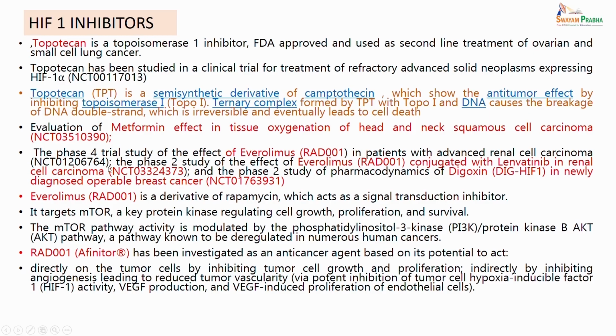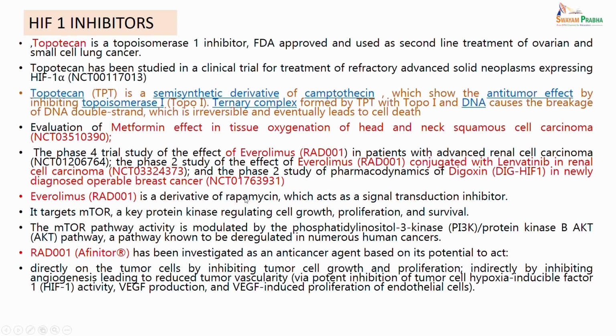So this is the clinical trial, and there has been a phase 2 study for the effect of everolimus, which is combined with lenvatinib. So both together, everolimus as well as lenvatinib together in renal cell carcinoma, and there have also been phase 2 studies looking at the pharmacodynamics of digoxin along with HIF1 in newly diagnosed operable breast cancer. So there are several trials which are going on with these HIF1 inhibitors in place.